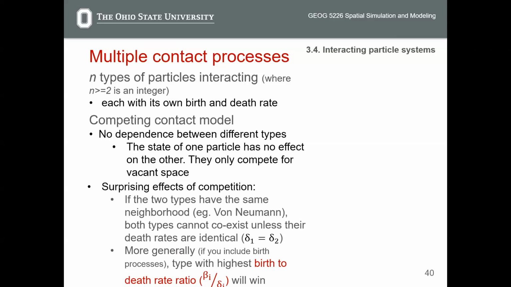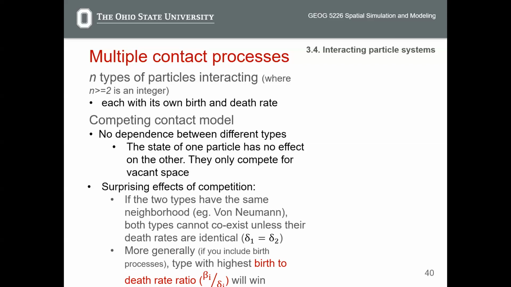Okay, beta is the proportion of its neighborhood that is alive, right? And beta decides the probability of giving birth for a specific particle. So the ratio between beta and delta is important.